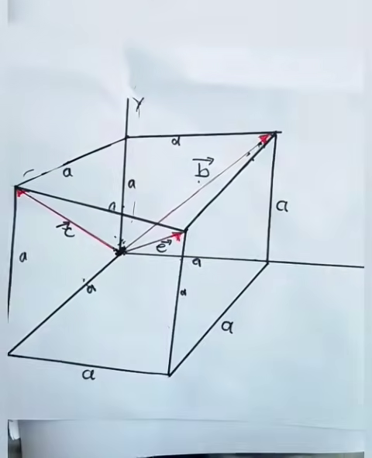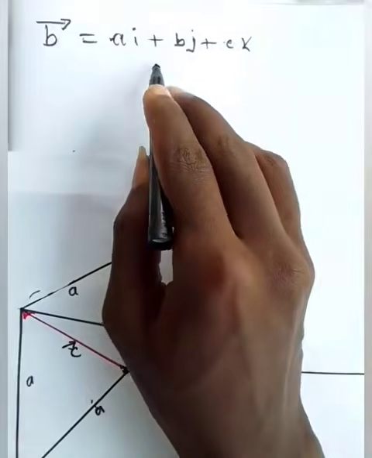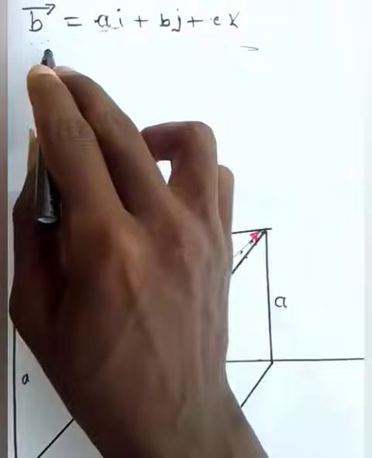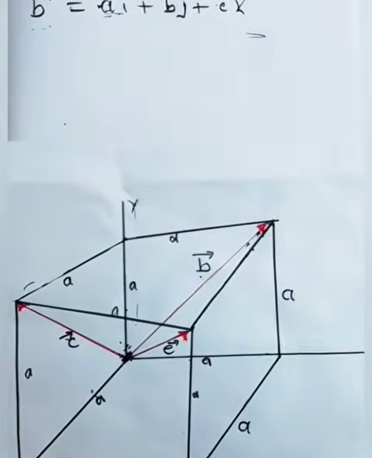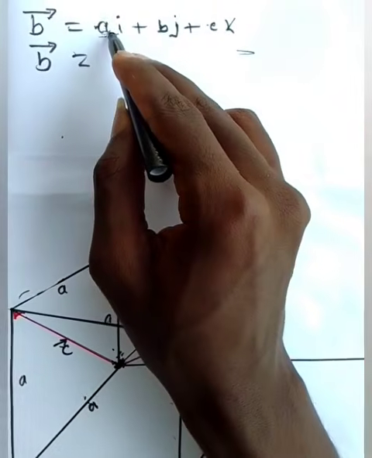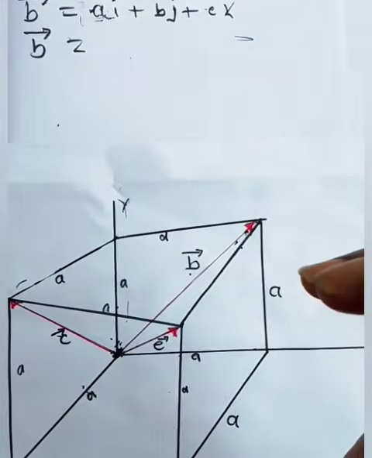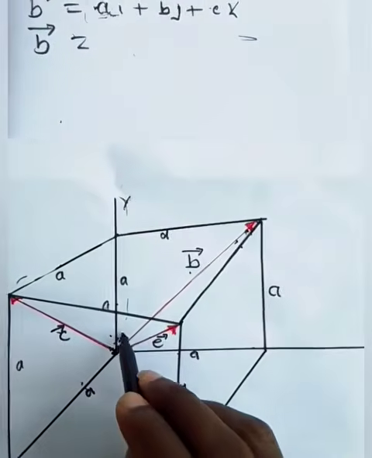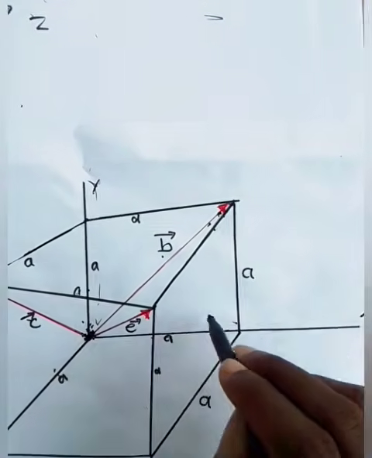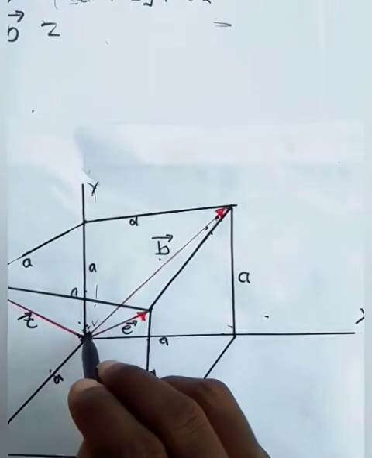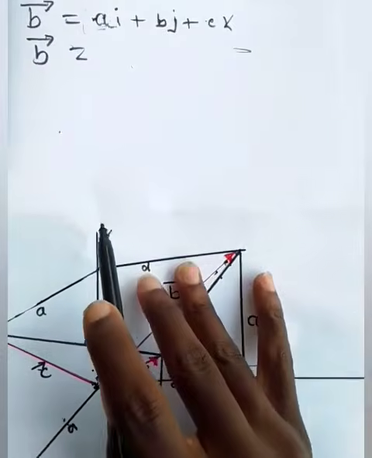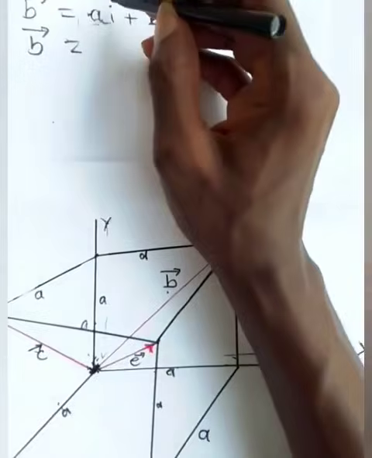Do you remember this? We're going to use this notation to describe vector B. So now let's describe vector B. A is simply the component in the x-axis of vector B. The component is from here to here, simply the distance. So the component in this direction is A. So the component in the x is simply A.